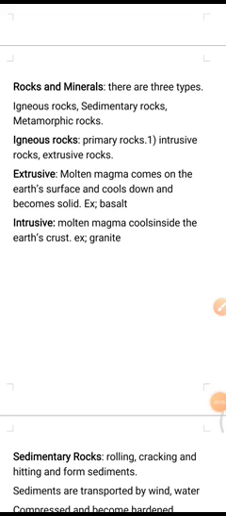Can you imagine lava coming out from a volcano? Yes, the lava coming out from the volcanoes. Lava is actually fiery red molten magma coming out from the interior of the earth onto its surface.